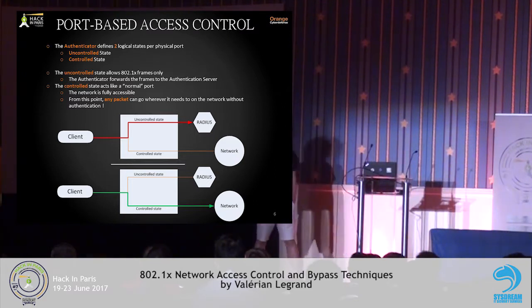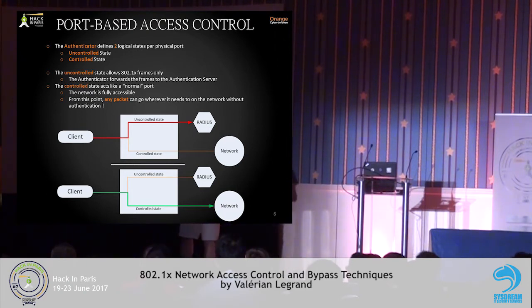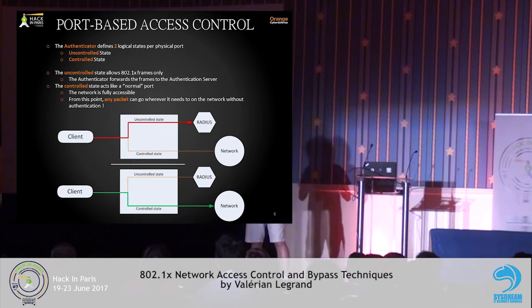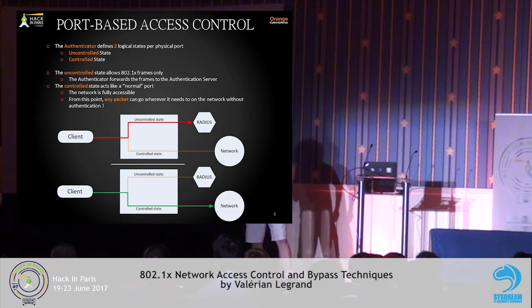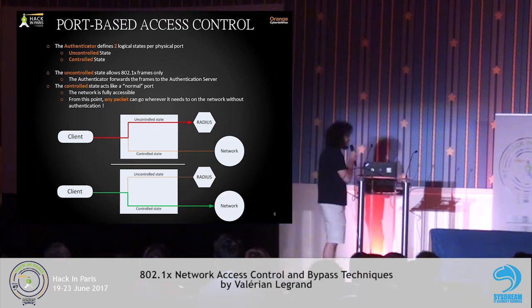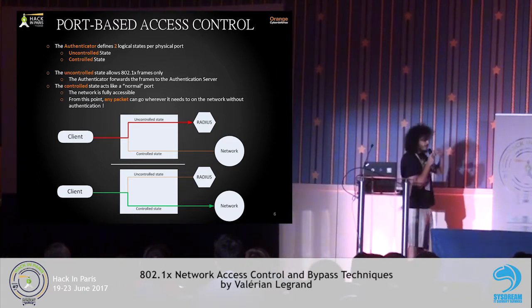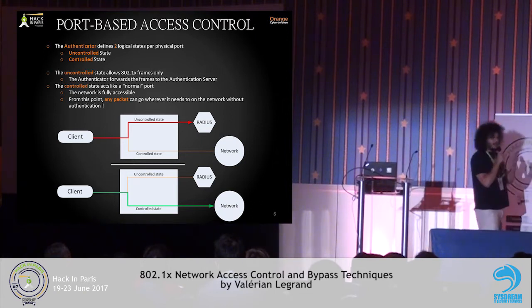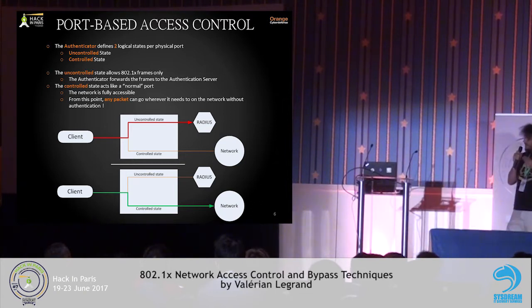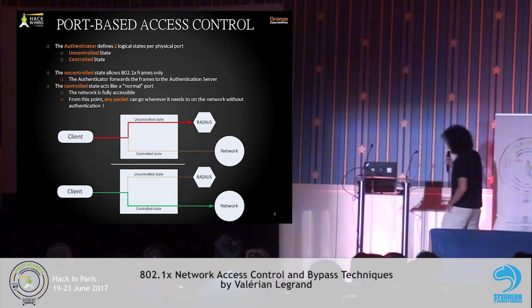And in this state, it's just like a normal port, in fact. You can do whatever you want, you can send whatever traffic you want on that port, and there is no .1x involved anymore. And keep that in mind, because this will be the main reason why we can still do something to access the network as an attacker, even if there is .1x protection in place.